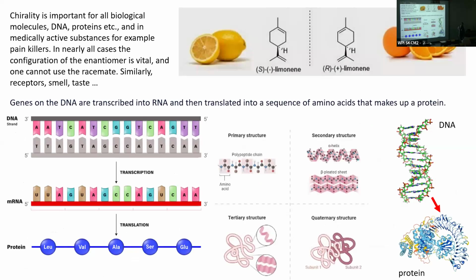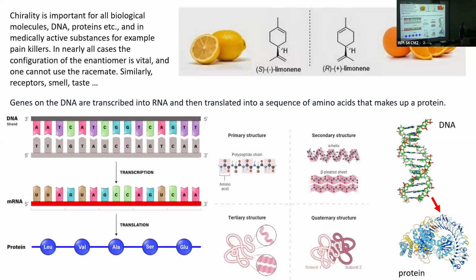Because the important part of it is that all of the biologically active molecules are actually chiral, right? And these are molecules like DNA, proteins, but also medically active drugs and so on. For example, painkillers are in nearly all cases chiral.